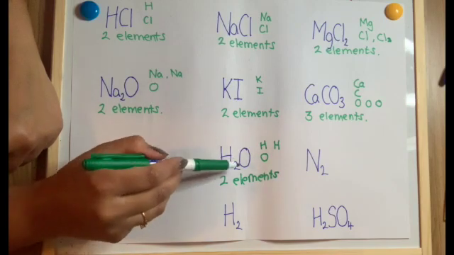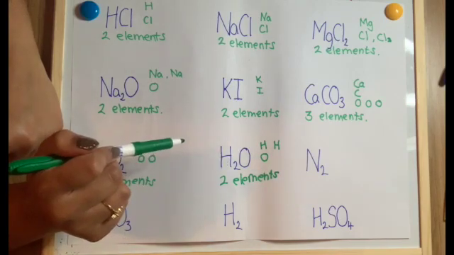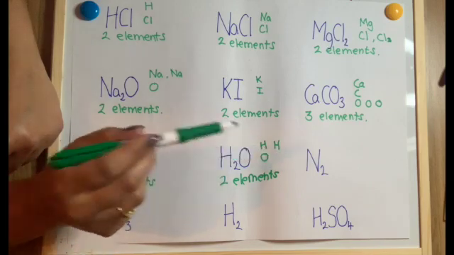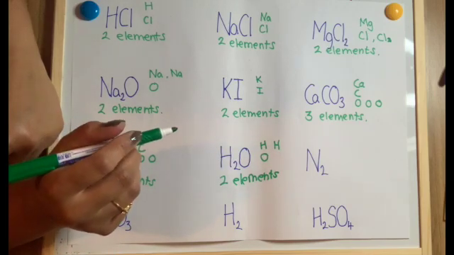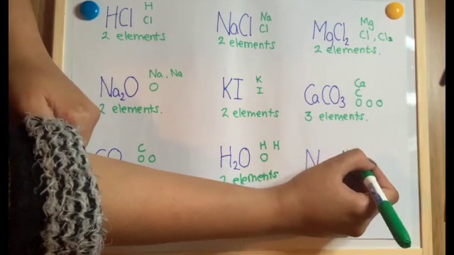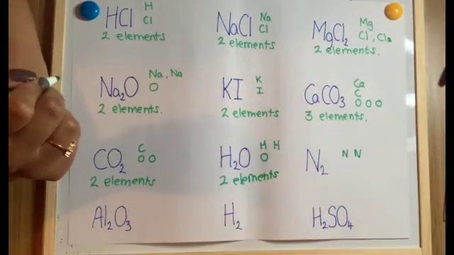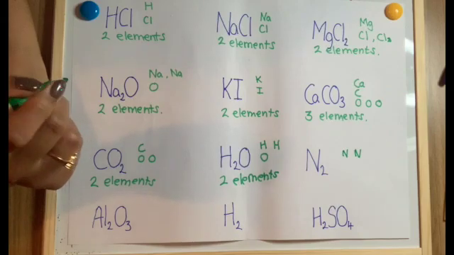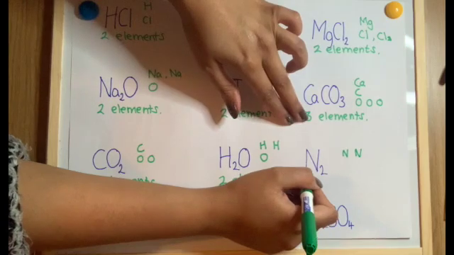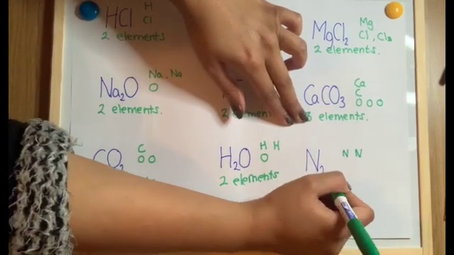And this one is quite a common molecule. This is H2O, which is water. Okay, and then the next one, N2. And what that means is I have 2 nitrogens. Okay, 2 nitrogens, they're still the same thing, which means although I've got 2 atoms, I have 1 element.